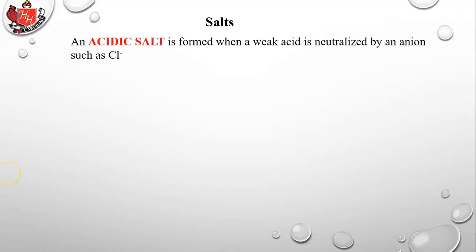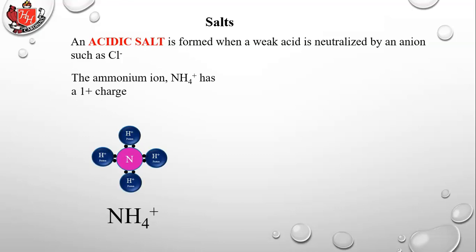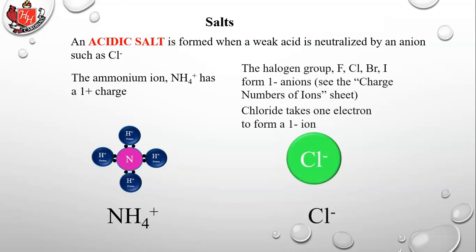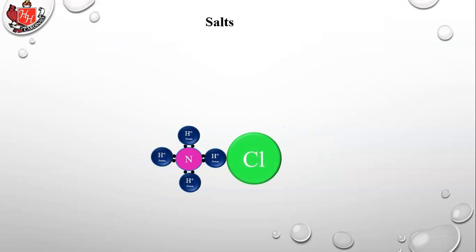An acidic salt is formed when a weak acid is neutralized by an anion such as the chloride ion. So the ammonium ion, NH4+, has a 1 plus charge because it accepted that proton. The halogen group, fluorine, chlorine, bromine, iodine, form 1 minus anions. So go ahead and see your charge number by ions sheet. Chloride takes 1 electron to form a 1 minus ion. So there they join together, the positive charge of the ammonium and the negative charge of the chloride ion.